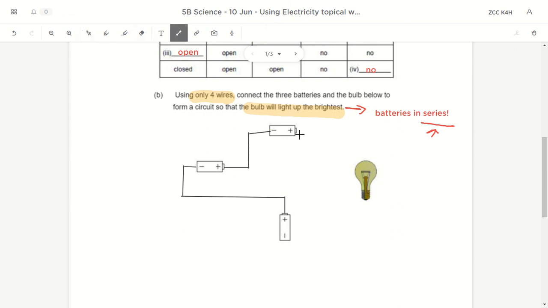Now we go for the third wire that I will connect to the metal casing. And then the last wire from the metal tip to the negative terminal of the battery.